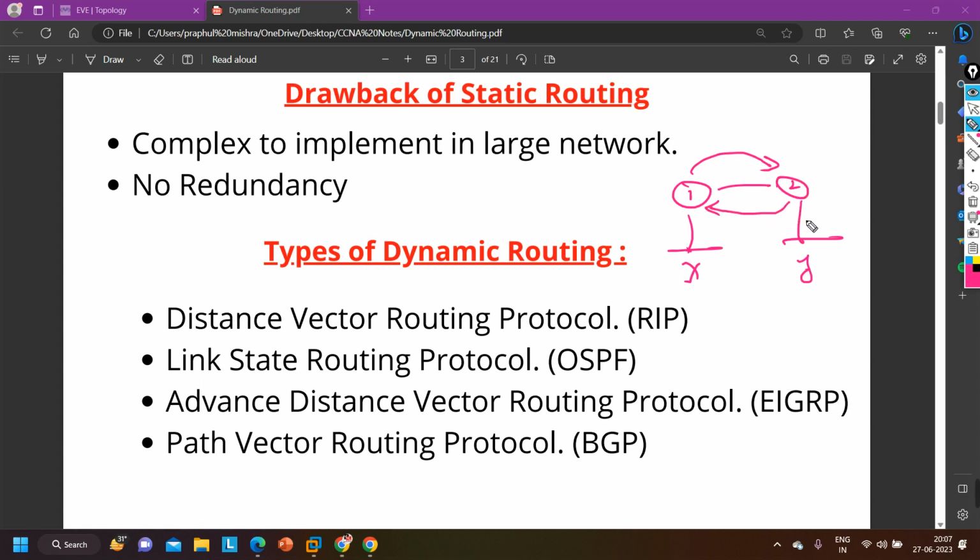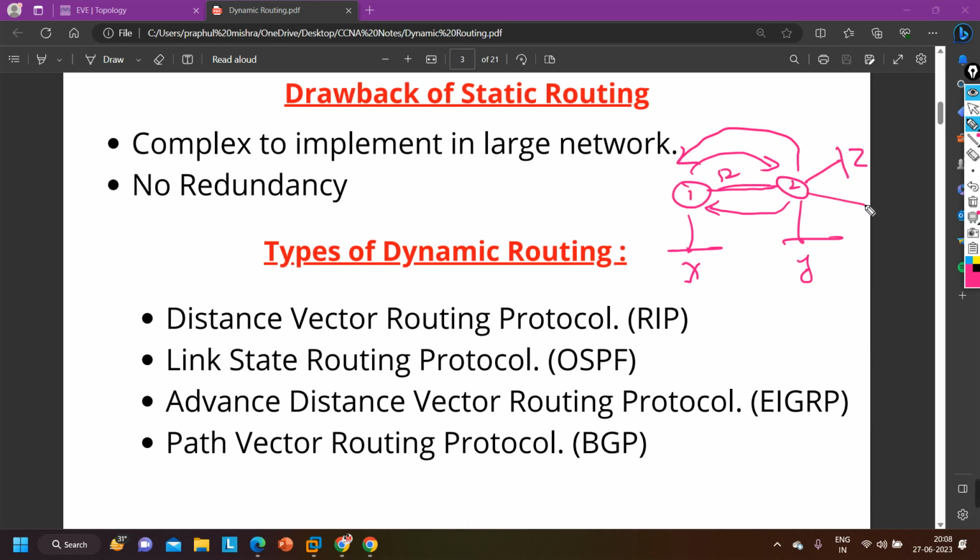It means all routers will share their directly connected networks with their neighbor, except the network which is running on the link where the neighbor is connected. Let's say this router has multiple networks: here the 12 network, here Y network, here Z network. So the router will send only Y and Z network information to router 1, not the 12 network.